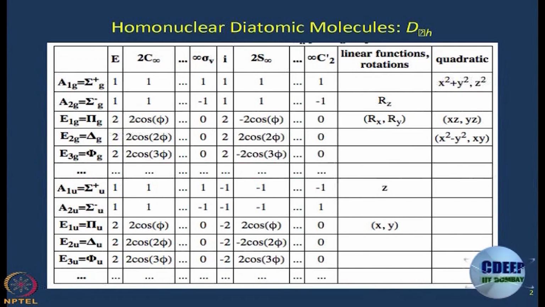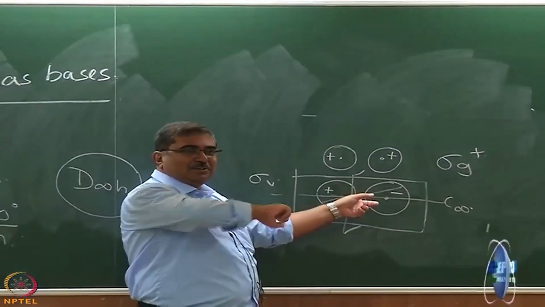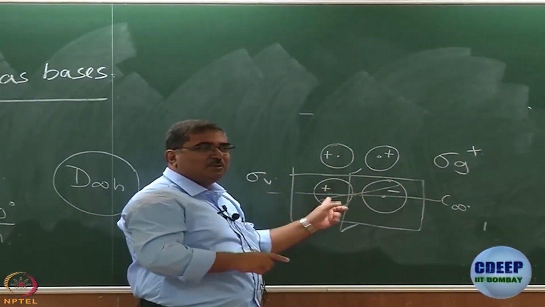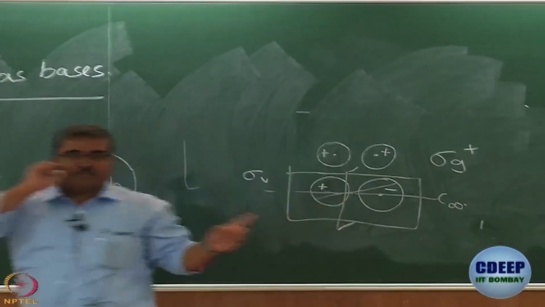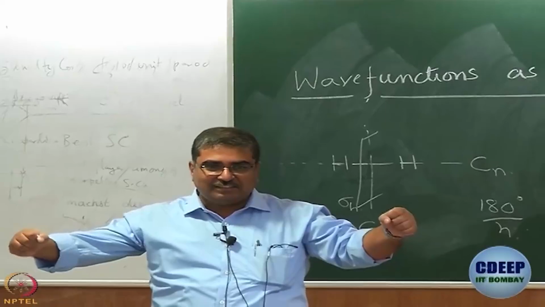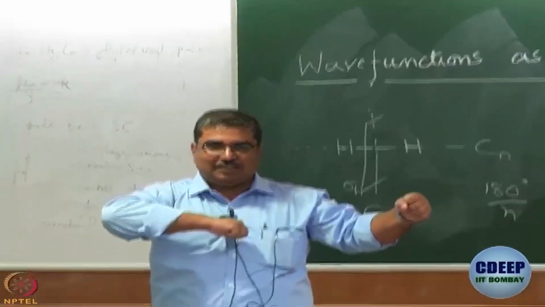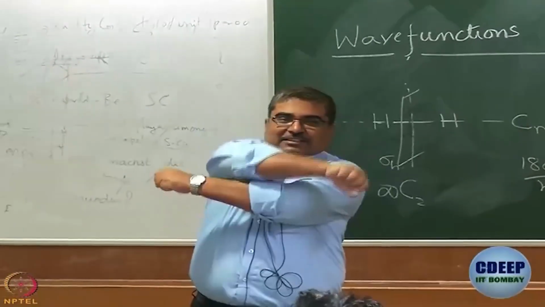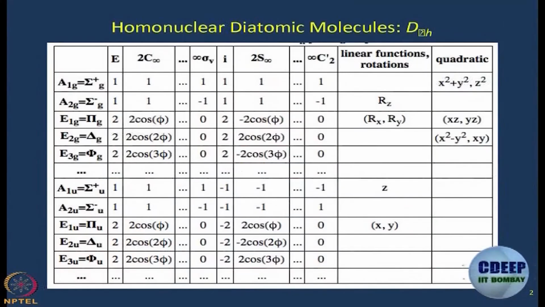Do not forget this is C2, right. So, you do a C2 dash, plus and minus lobes interchange, okay, plus minus, where is C2? Here. So, interchange like this. Okay, so what are the characters? 1, 1, minus 1, minus 1, minus 1 everywhere else.